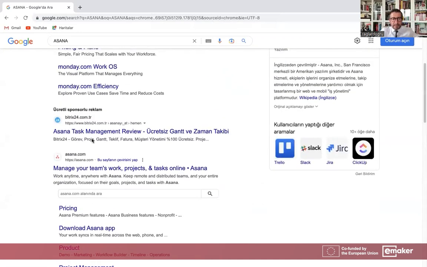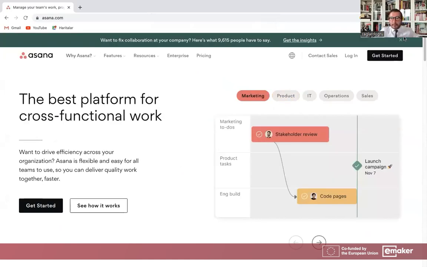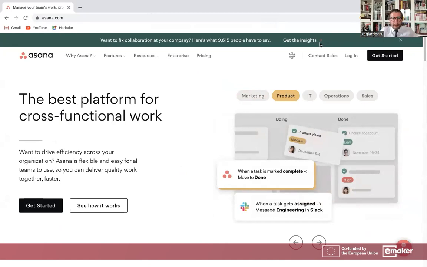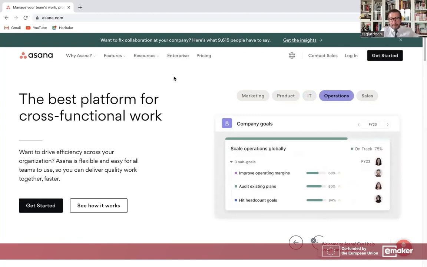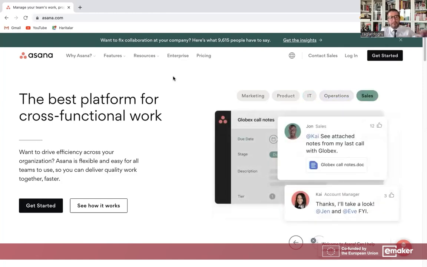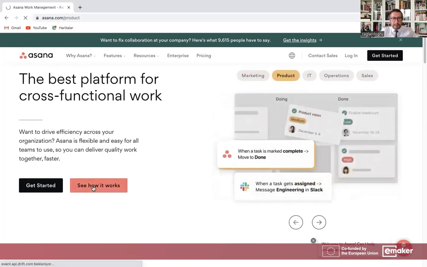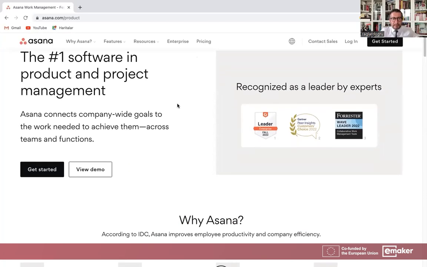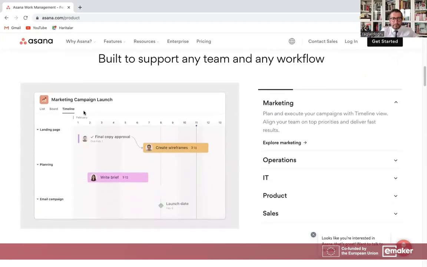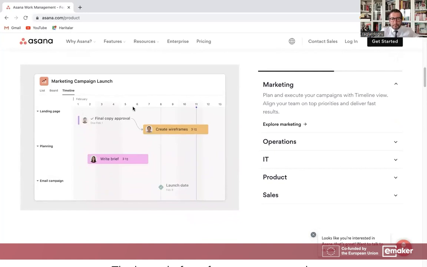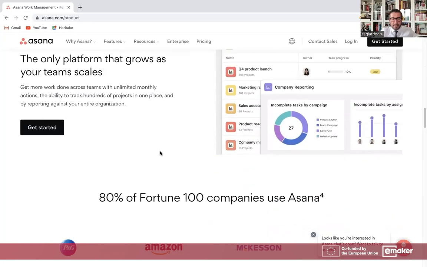We will try to get a free version. Here, we want a team, and it's just to show you how you can form a group for project management online. For example, see how it works. You see that it's for project management, for marketing, operations, all of the things that I tried to tell you up to now.